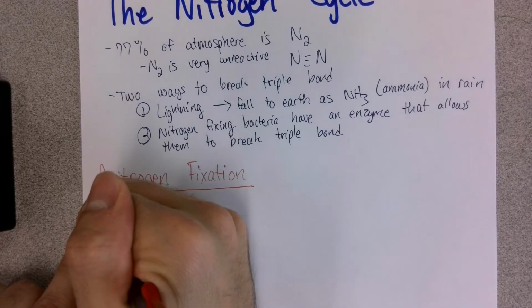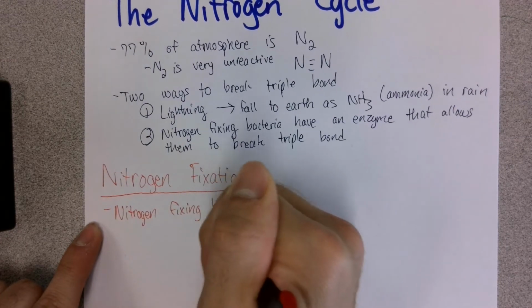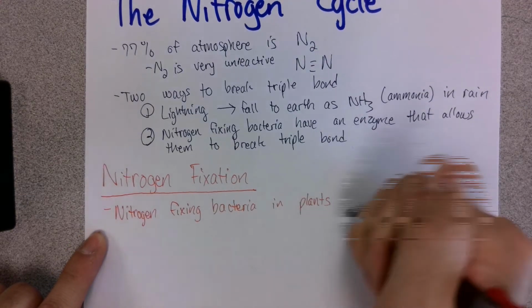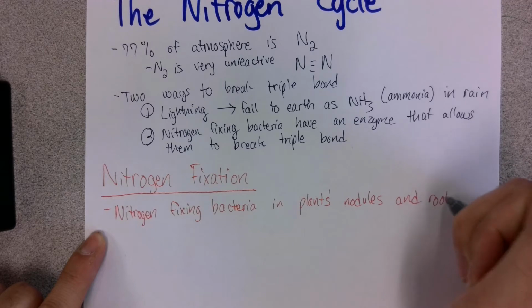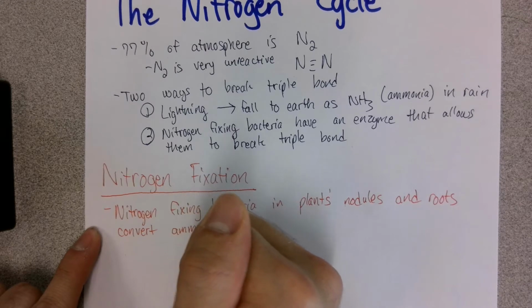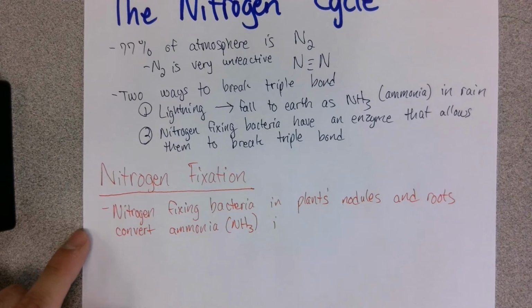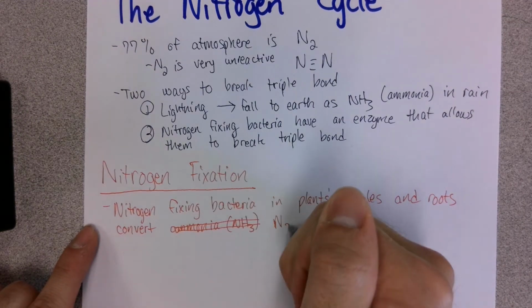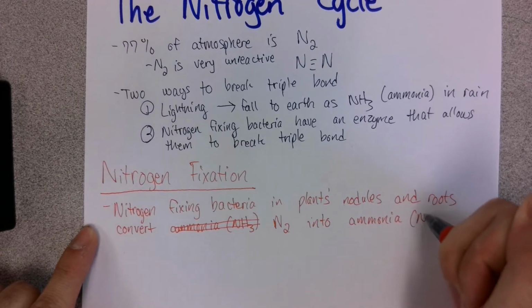So nitrogen fixing bacteria in plants, nodules, and roots convert N2 into ammonia, which is NH3.